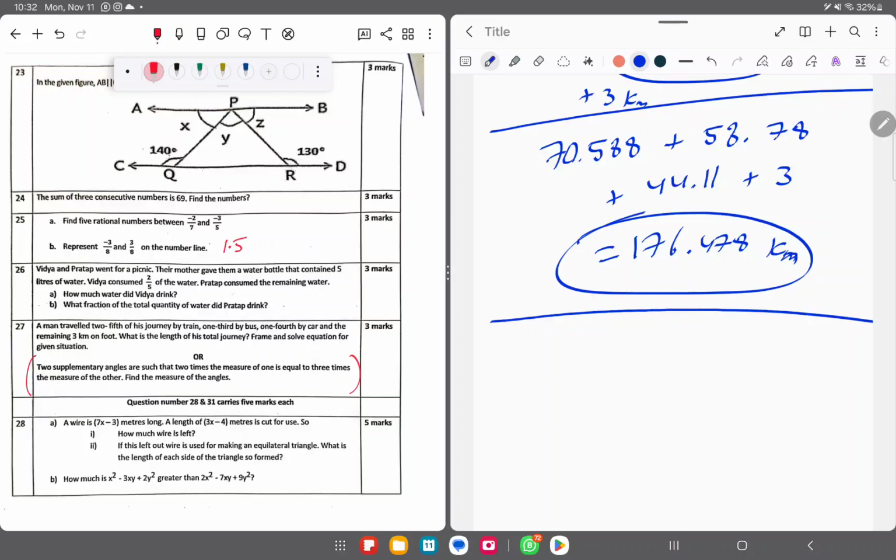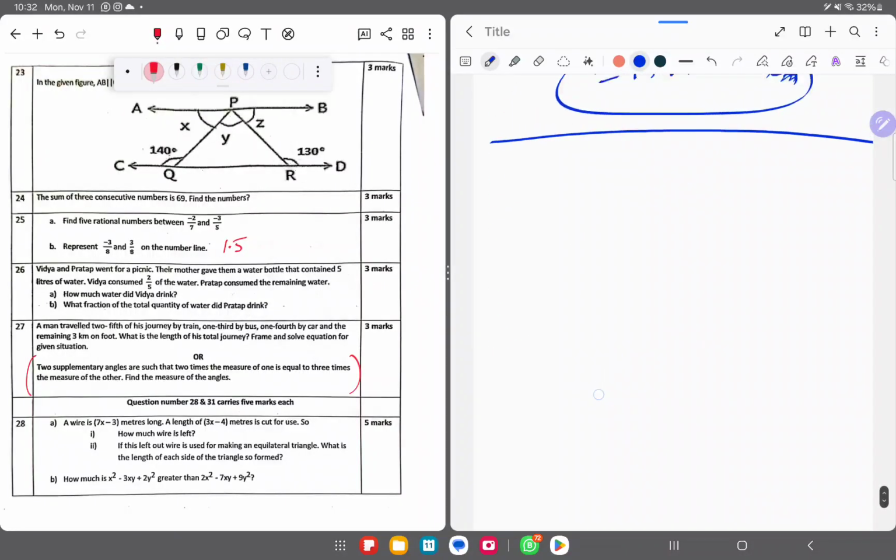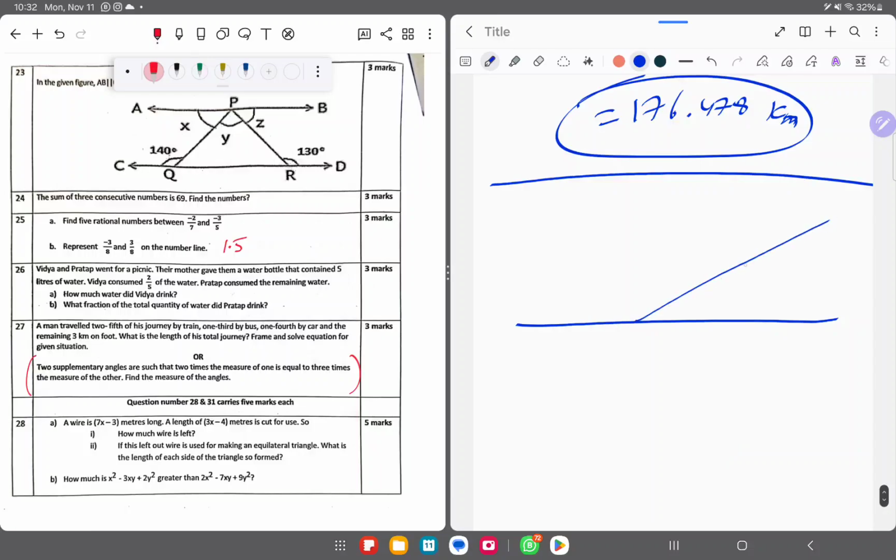Let's read it together. Two supplementary angles. Supplementary, complementary, supplementary. Okay. This is the first one, this is the second one. Such that 2 times the measure of one is equal to 3 times the measure of the other.